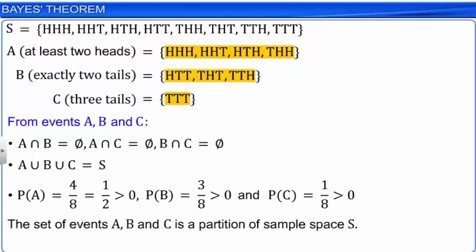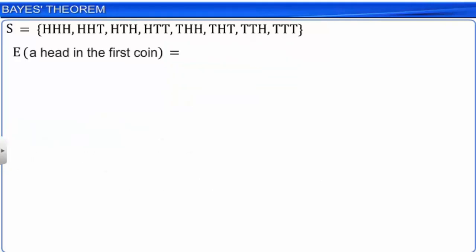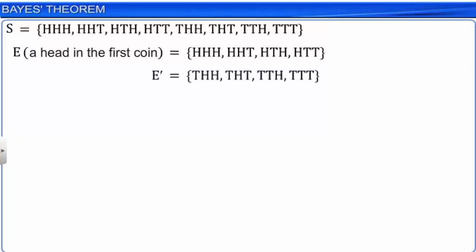Again, let's consider another event, E, of sample space S, defined as getting a head in the first coin. The complement of event E is E' as shown. We know that an event and its complement are always disjoint, and their union is equal to the same sample space.